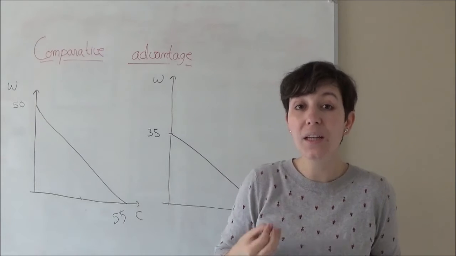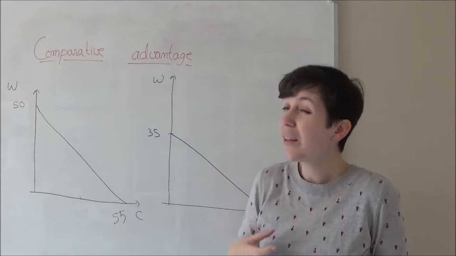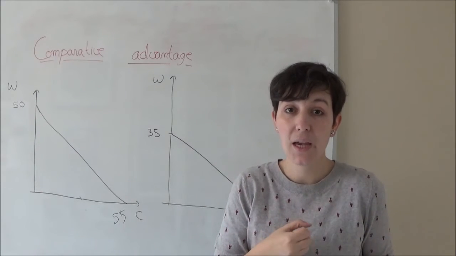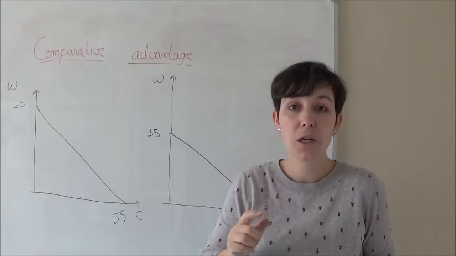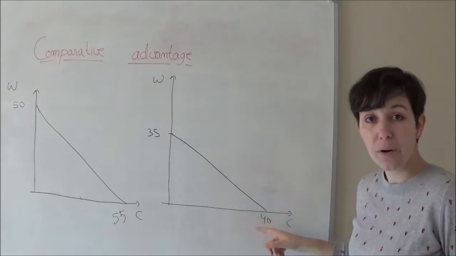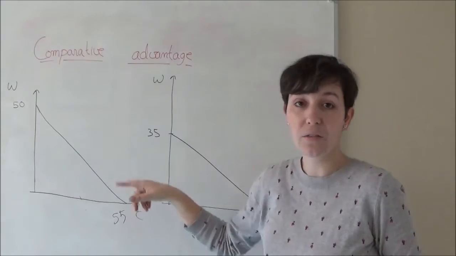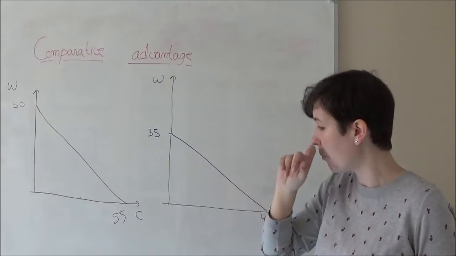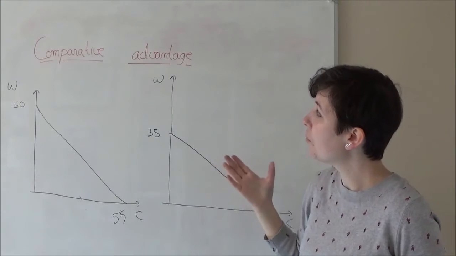So it's really easy to observe the absolute advantage, okay? Because it's just observing the maximum amount that you can produce for each good, for each sector and in each economy, and comparing. But what about comparative advantage?